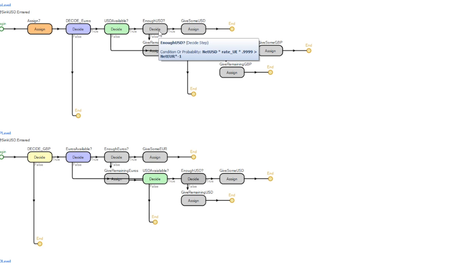So if there is enough dollars to settle the euros, it will assign the dollars to the euros and then end. If there is not enough dollars to settle the euros, then it will give what it can and then go to the pounds and take the available pounds and convert those to euros. It repeats this for both the GBP and the USD.